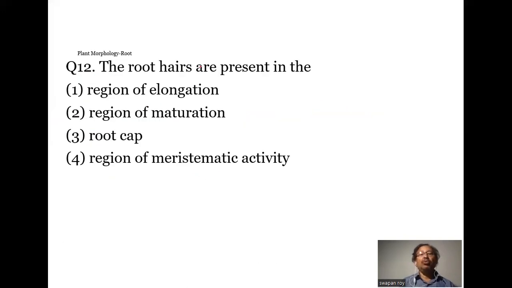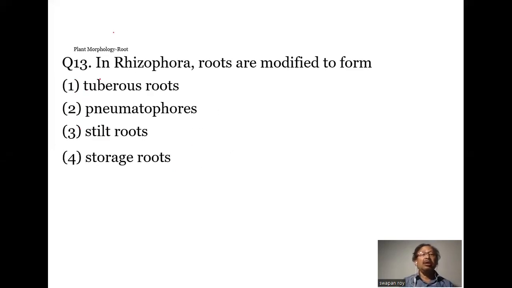Question number 12, the root hairs are present in option 1, region of elongation, region of maturation, root cap, region of meristematic activity. The root hairs are found in the region of maturation. Question number 13, in Rhizophora, roots are modified to form the pneumatophores or the respiratory roots, which are for the exchange of gases.